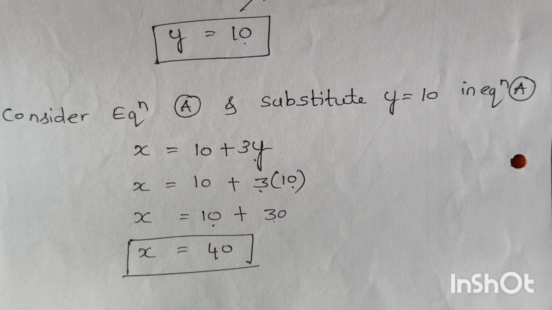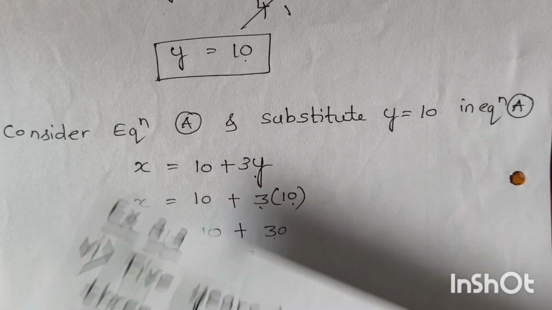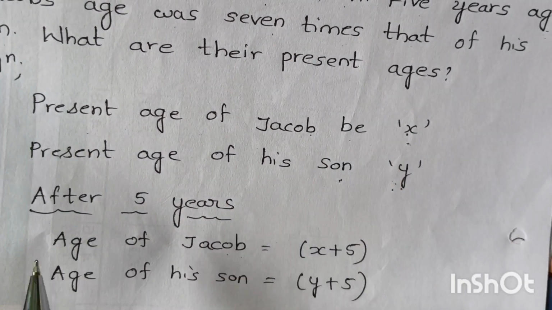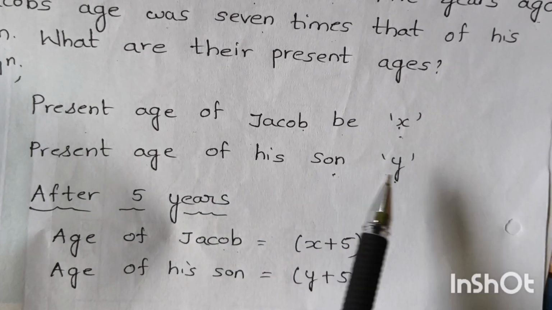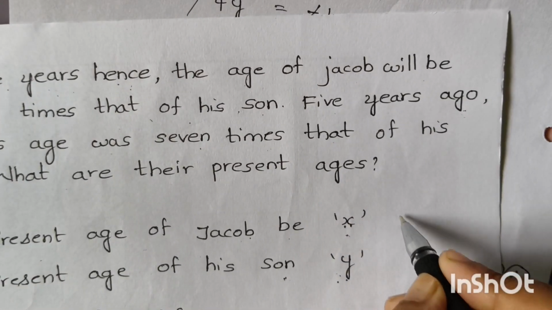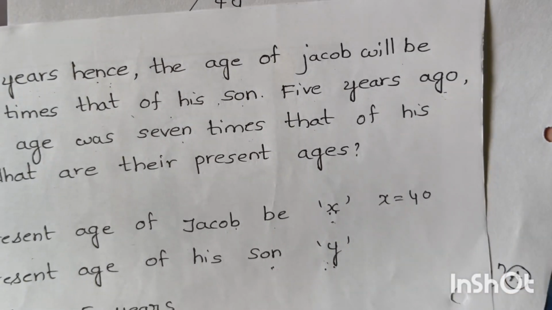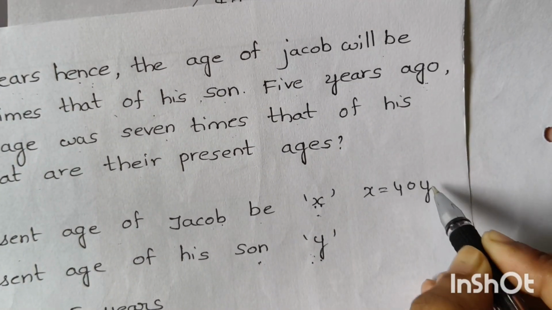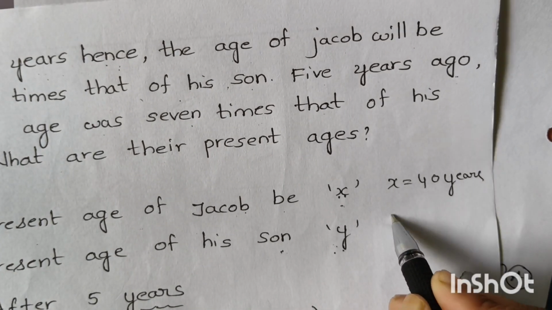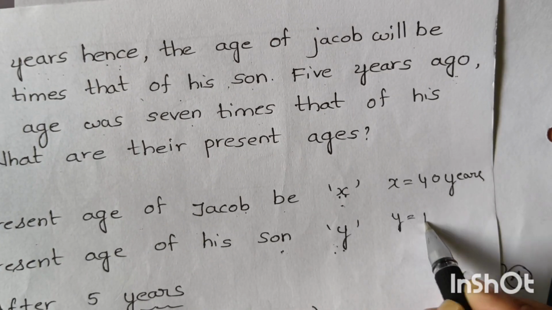What it means? Look at this. We have considered the present age of Jacob as x and the present age of his son as y. Therefore, x we got it as 40, right? That is, Jacob's age is 40 years, present age, and his son's age is 10 years.